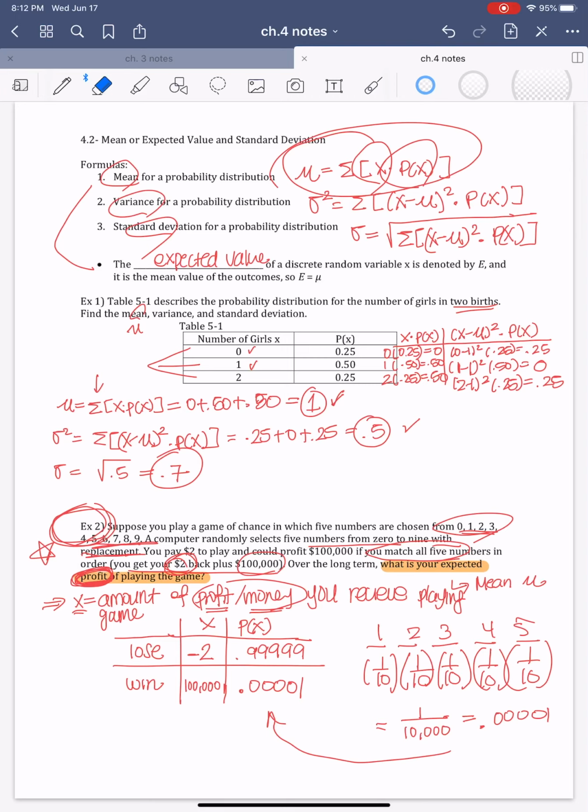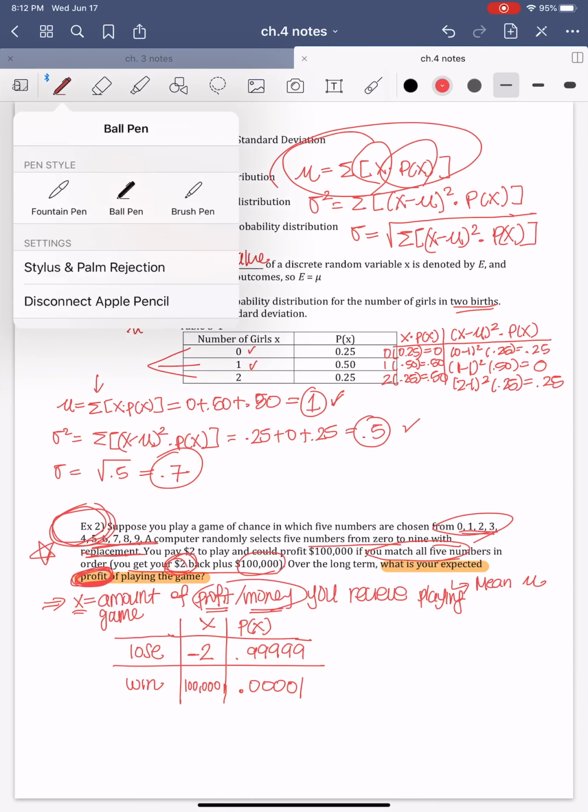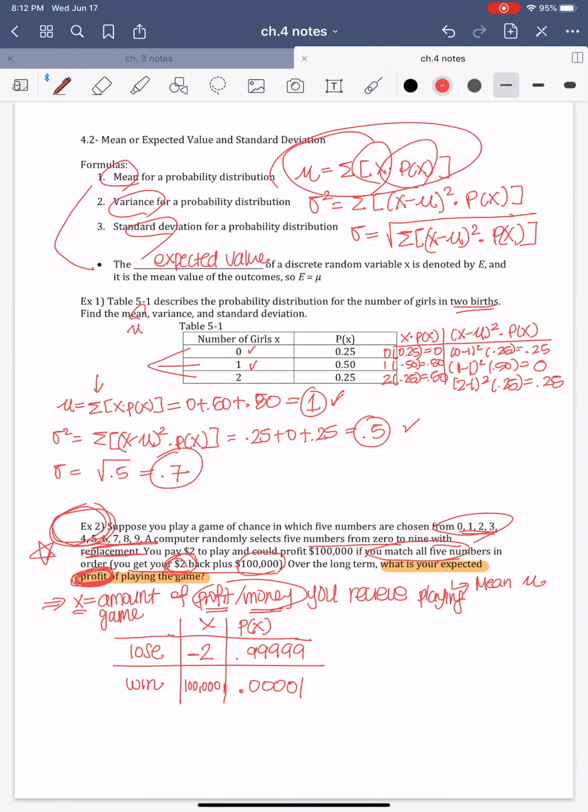So let me erase this scratch work. So there you go. Now I'm going to pause for a minute and recap quickly what we just did. In this example, there was no x defined for you, so it was kind of challenging to think of x as representing the amount of profit money you receive.